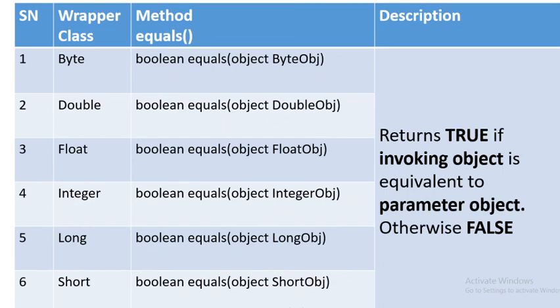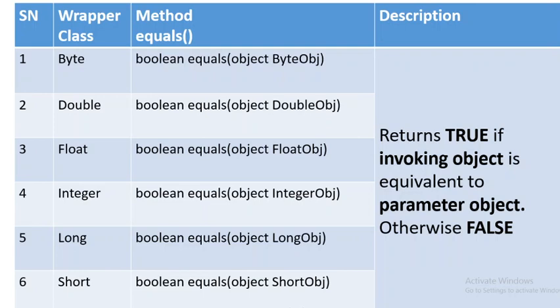Equals. So the equals method is available with Byte, Double, Float, Integer, Long and Short. This method is again an instance method. That means to call this method you require an object of the related class. Again this is used to compare two objects, but the difference is that the return type is boolean. That means you will get either true or false.